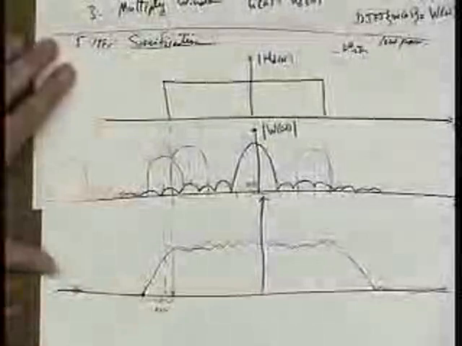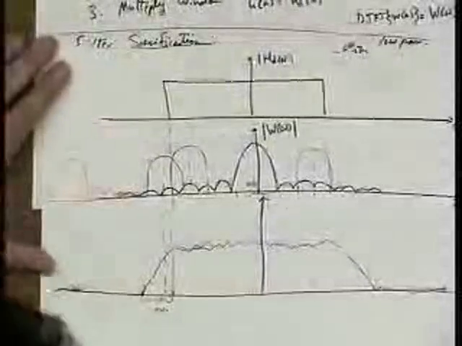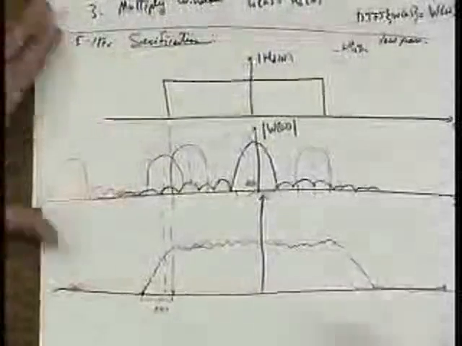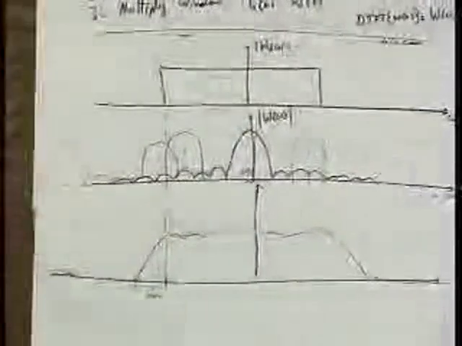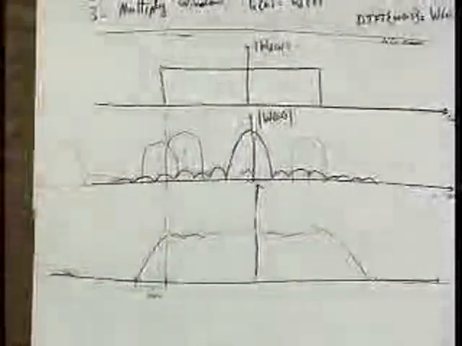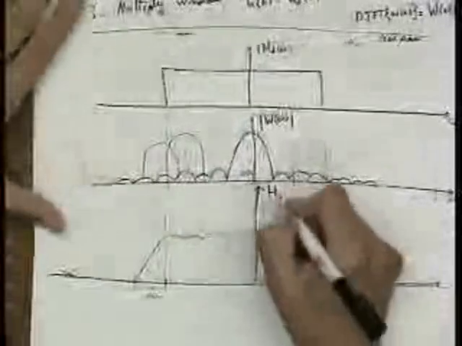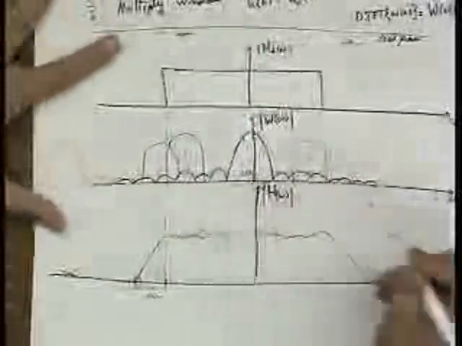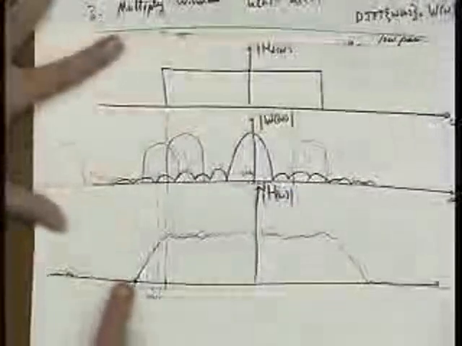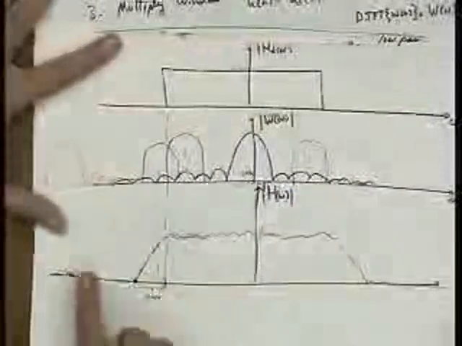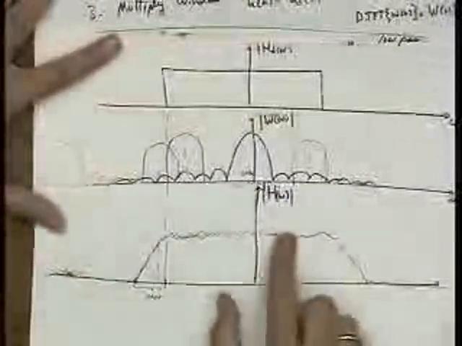The reason I drew this picture like this, and was meticulous about saying how this convolution works, is because I want to label this thing. This is the resulting magnitude of H of omega that I end up getting. Does the resulting H of omega have an infinitely sharp transition from 0 to 1?